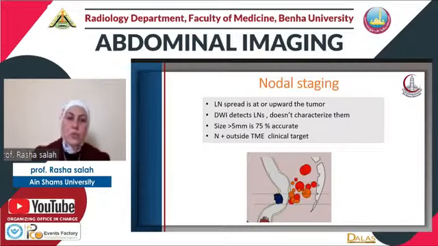The lymph nodes within the mesorectum are called the perirectal lymph nodes, and they are located at or above the level of the tumor. But an important assessment is of the lymph nodes outside the mesorectum, which are located within the obturator or internal iliac lymph nodes, because they are outside the field of surgical intervention, and also outside the plan for radiotherapy.